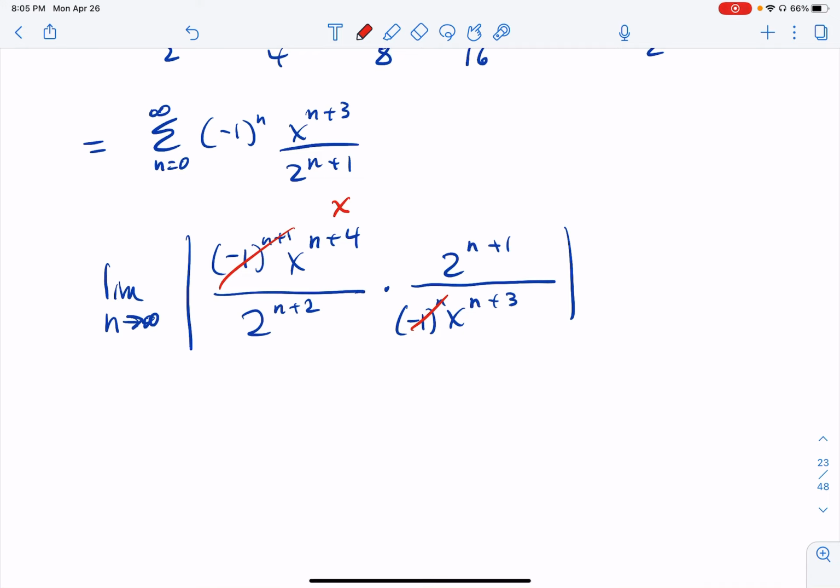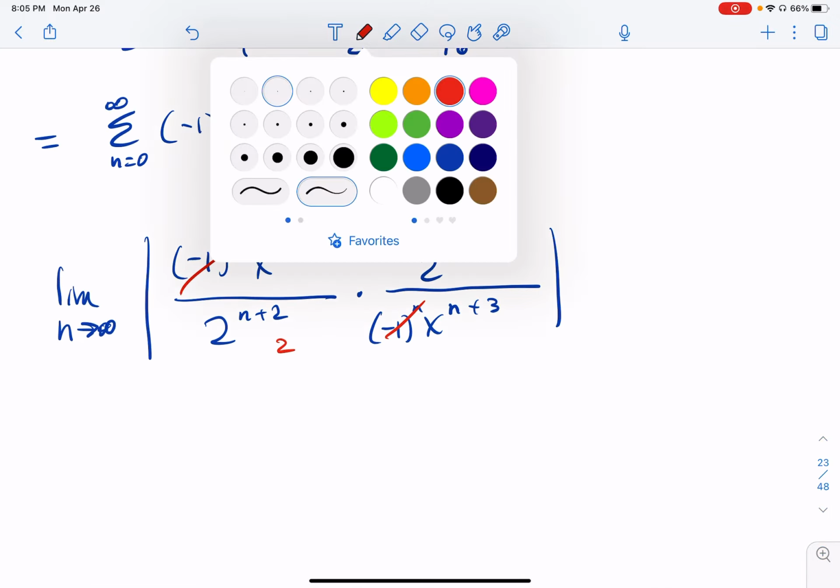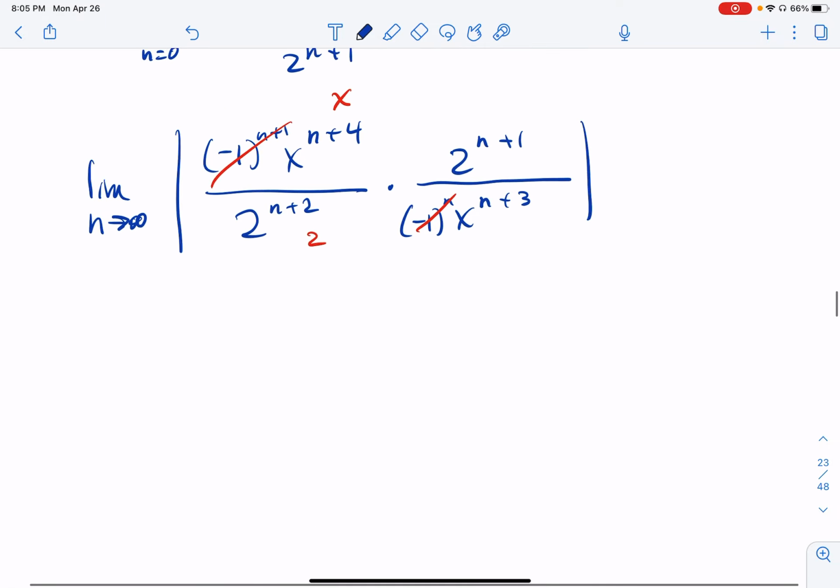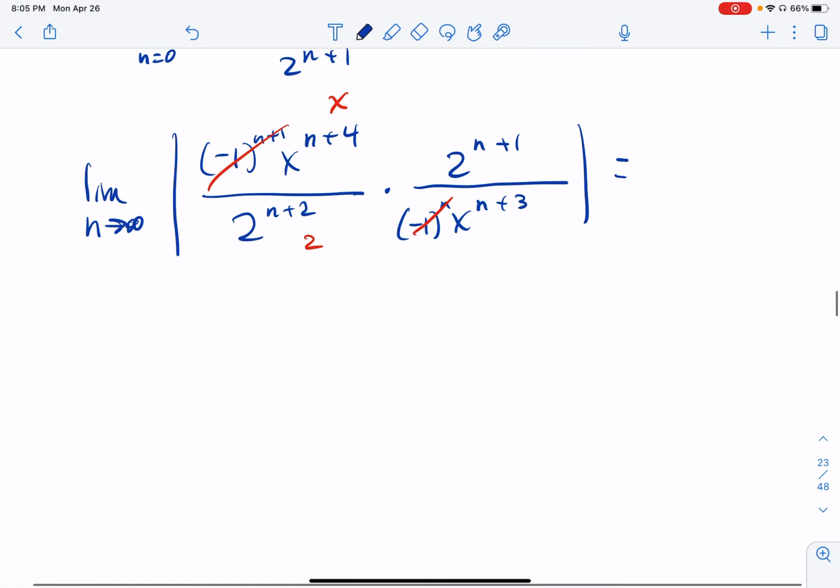And then on the bottom, those things are gone. Subtract the exponents. Let's see, this one's bigger on the bottom. When we subtract those exponents, we're going to be left with one factor of 2 here, which leaves us with this being equal to the absolute value of x over 2, which has to be less than 1.